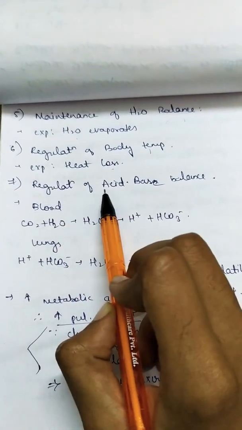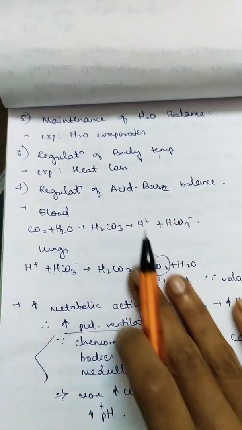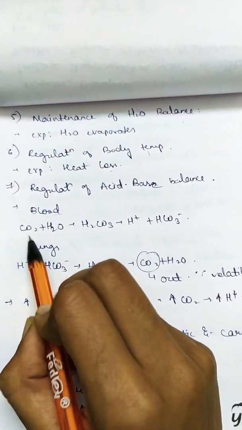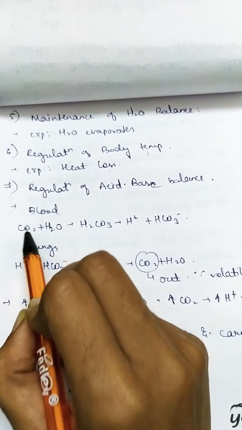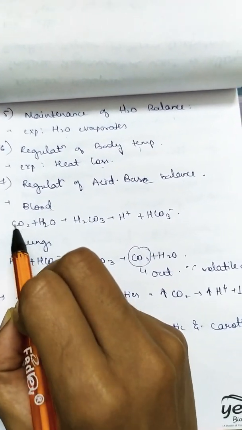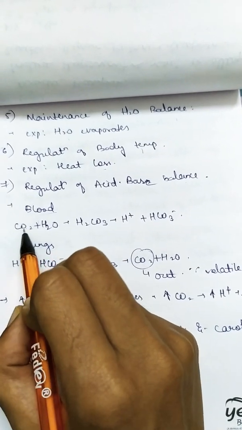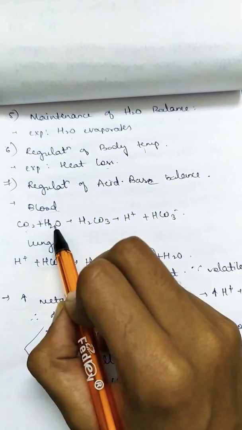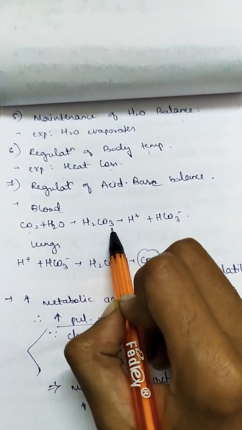Next, regulation of acid-base balance. This is an important concept. In blood, basically CO2 is being produced by the tissues of the body. During metabolism, this CO2 enters the blood from tissues. CO2 plus H2O is converted to H2CO3.